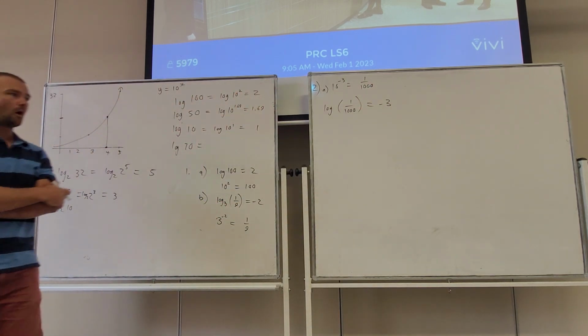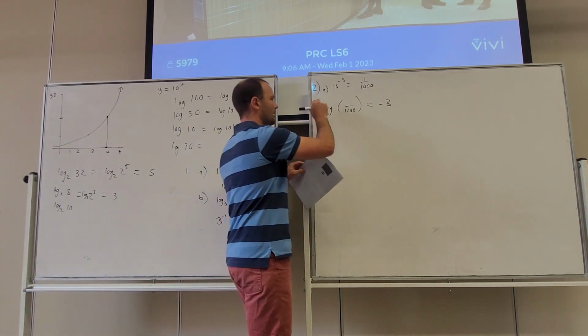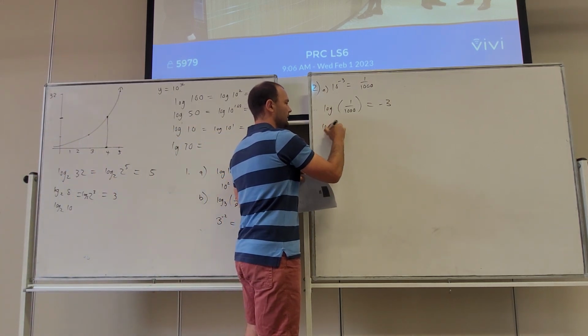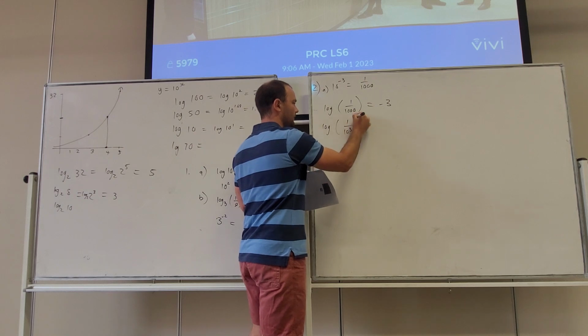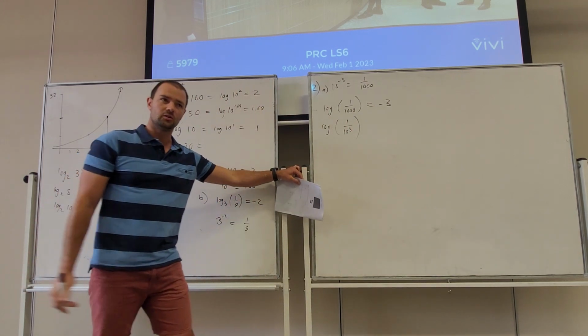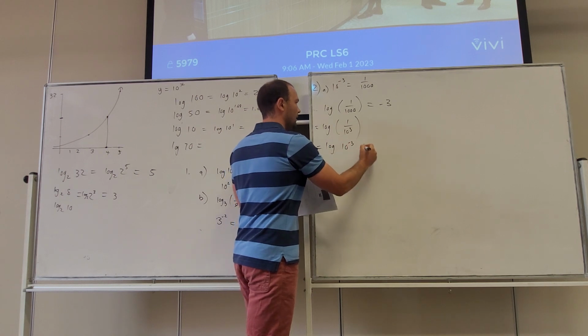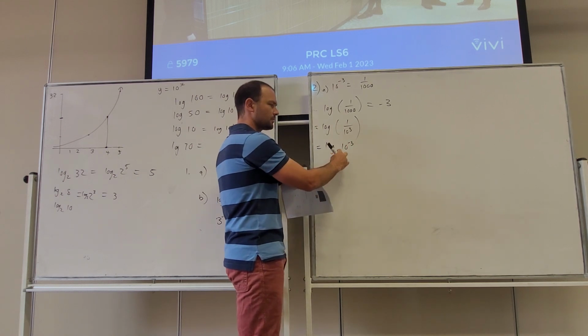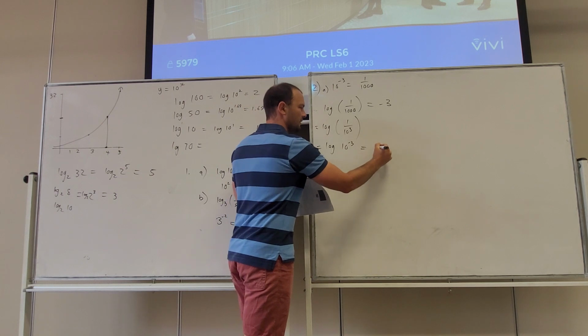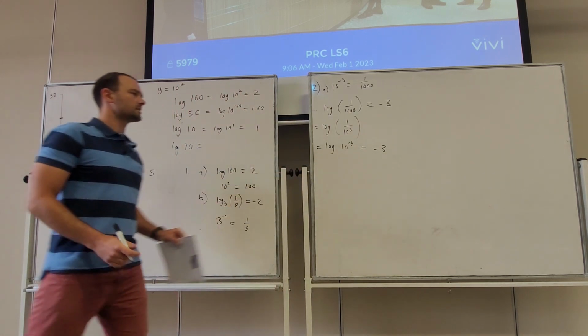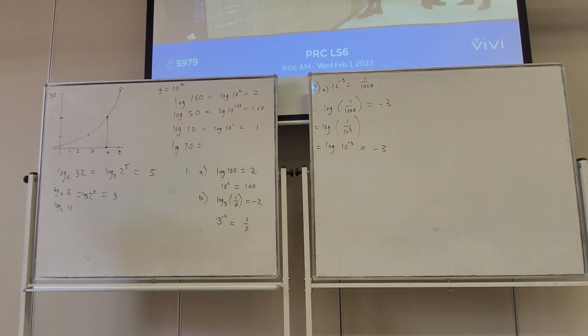Okay, let's explain why that is the case. What we have here is 1 on 10 to the power of 3 at the bottom. We can use index laws to bring it to the top with a negative power. And once we've expressed it as a single power of 10 at the top of the fraction, it evaluates to the power.